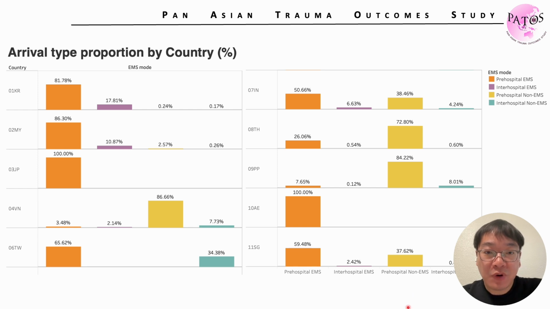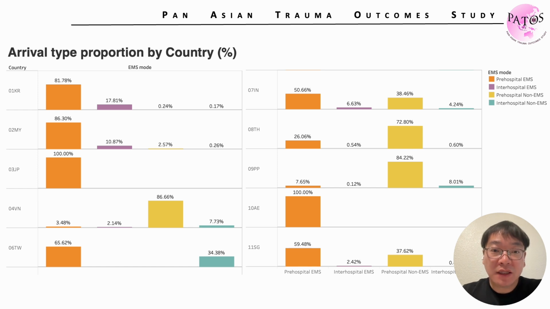The arrival type proportion is also different by country, and there are four types of the arrival EMS mode. The first is pre-hospital EMS, the second is inter-hospital EMS, the third one is pre-hospital non-EMS, and the last one is inter-hospital non-EMS.